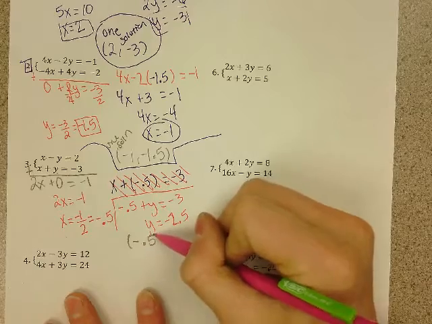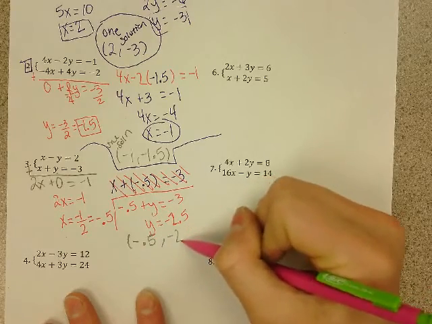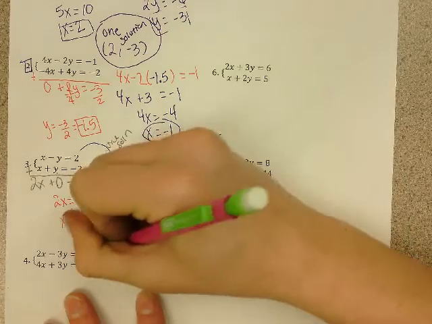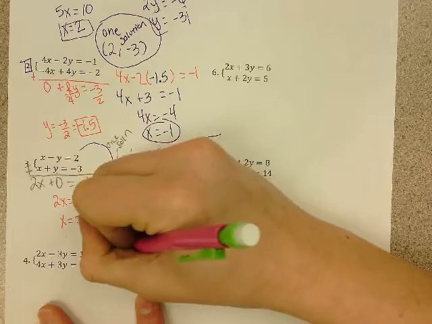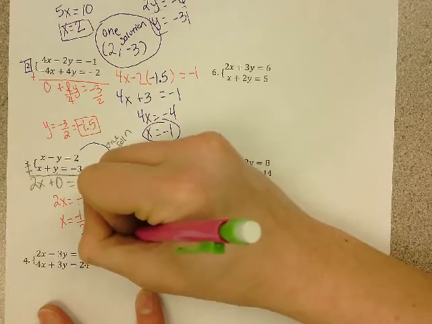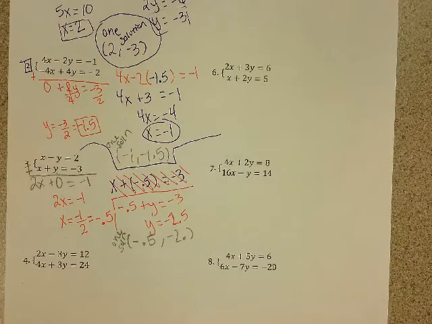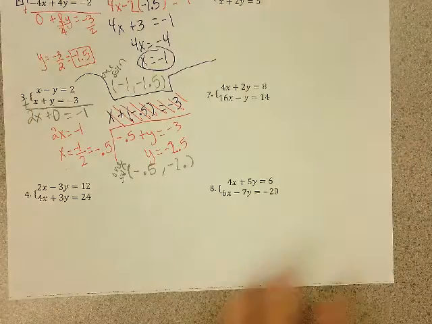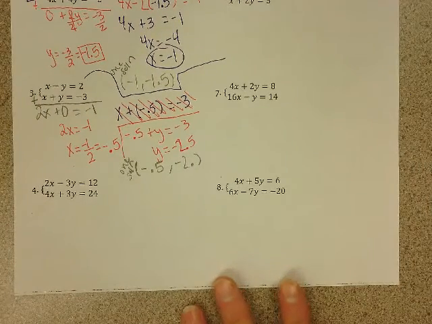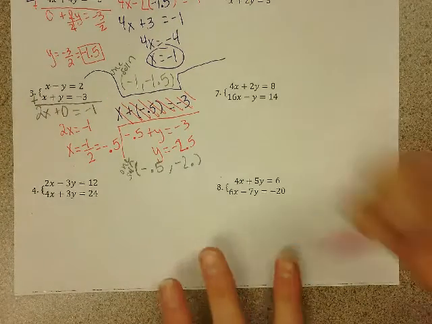So, yeah, negative 0.5 and then negative 2.5. Perfect. Yes. If you get x equals, y equals, then you have a solution. Oh, I didn't finish that one.